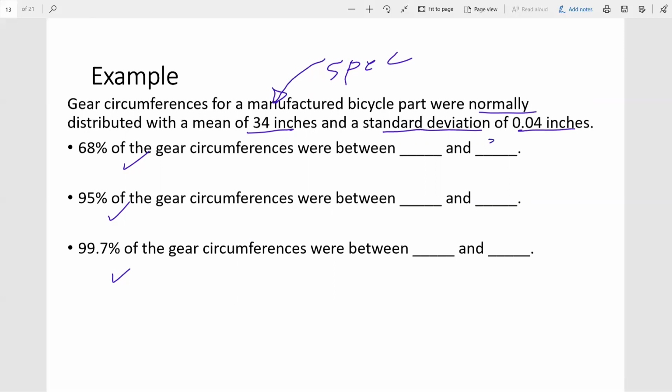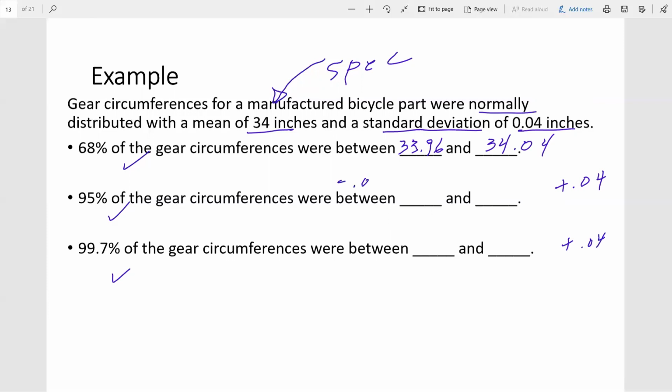So this is going to be 34.04. Subtract off one sigma and we get 33.96. And then add 0.04 and 0.04 for 2 sigma and 3 sigma.